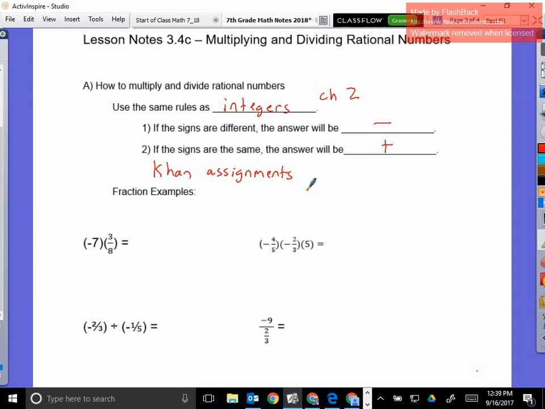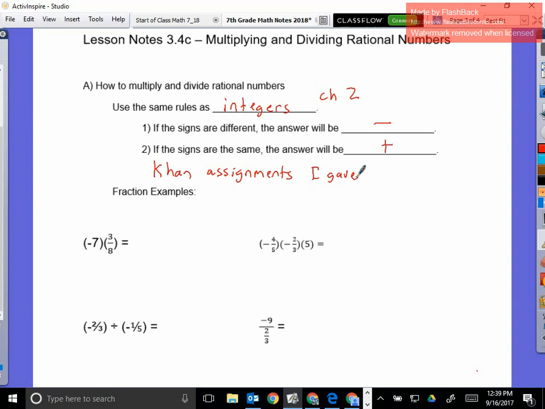So if I go through some of these examples and I show you some of these rules and you're thinking, I don't really remember how to do that, that's no problem. Take a look at some of these assignments, maybe talk to me in class. I can help you guys remember how to go about using the different rules for multiplying and dividing fractions and decimals. I'll be happy to show you that.